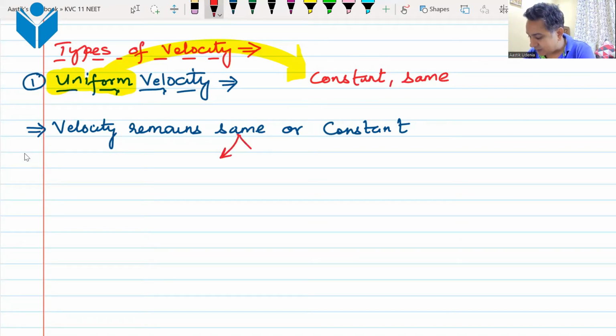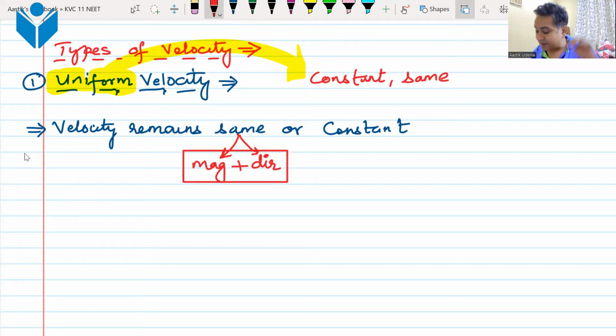When I say that the velocity remains same, it remains same in magnitude, and it also remains same in direction. Do we all understand this? Now, velocity remaining same in direction means the direction of motion cannot change.